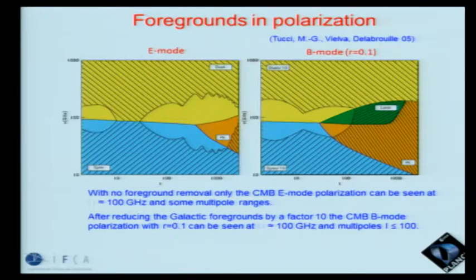So the situation, even before Planck was launched, and the reason why Planck has so many frequencies is just because of the foregrounds again. In polarization, the situation is even worse. For the E mode, you can see the cosmic signal in some windows in frequency around 100 without doing anything in a large fraction of the sky.